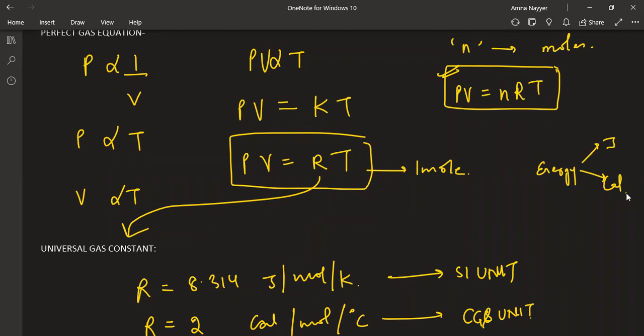Fine. Erg is also written. Calorie is also written. So I have written it in terms of calorie, not candela. That I said by mistake. I wanted to say degree Celsius. Candela is the SI unit of intensity.